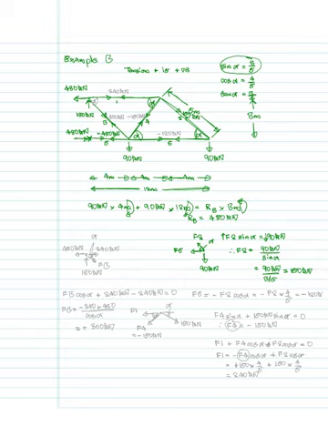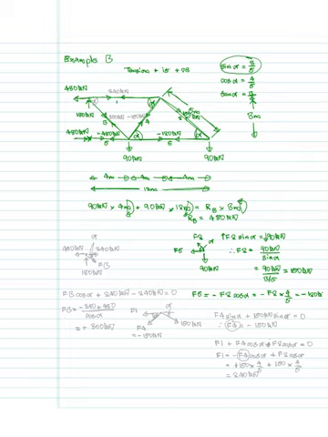So we've got F6, which is acting from left to right, so that must be equal to the negative of F2 cosine alpha, and that's going to be equal to minus F2 times 4 over 5, and from there we get minus 120 kilonewtons. So this member 6 is going to be in compression, and I'm going to write minus 120 kilonewtons there.